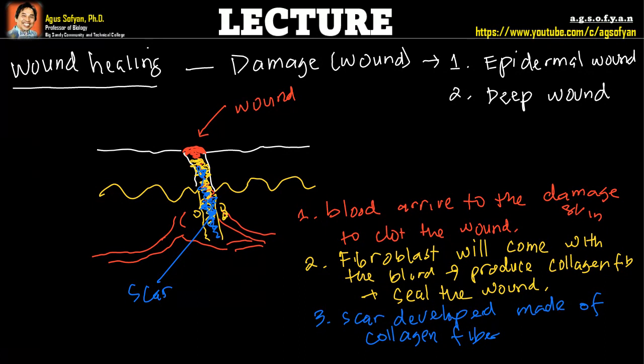The fibroblasts produce the collagen fibers that seal the damage, and after the wound healing, some of the collagen fiber will stay, especially in the dermis area, causing the scar to develop. So this is the wound healing.